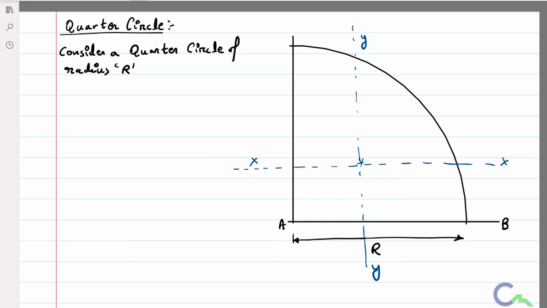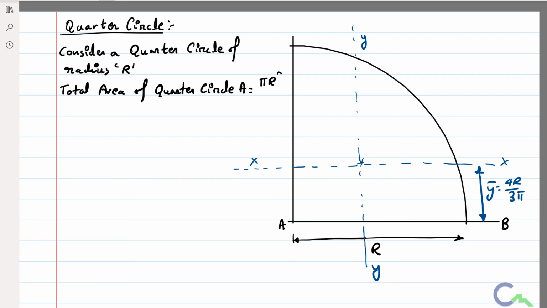So I can write x bar is equal to 4r by 3 pi. Similarly, y bar is 4r by 3 pi. The area of the quarter circle is pi r square divided by 4.